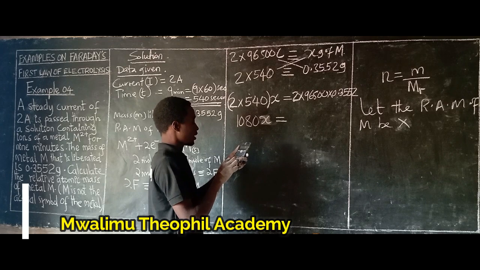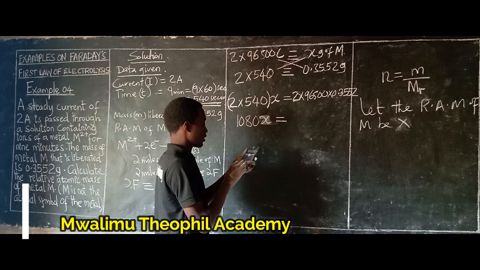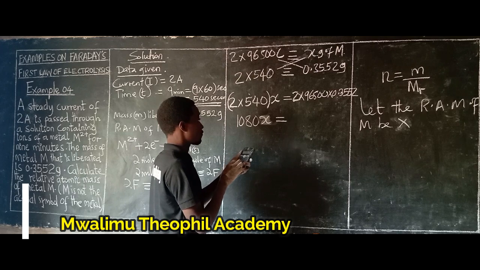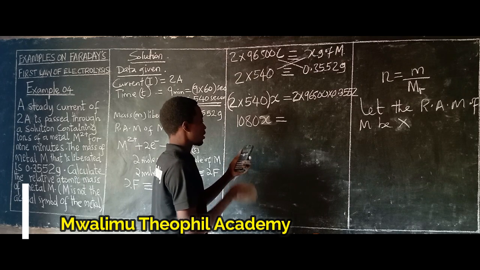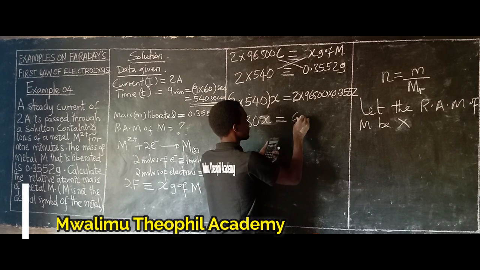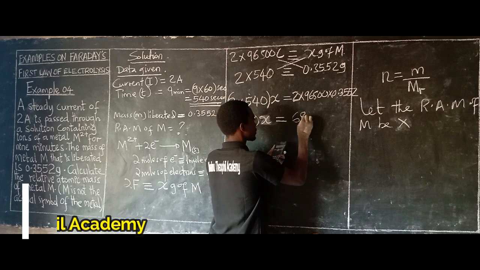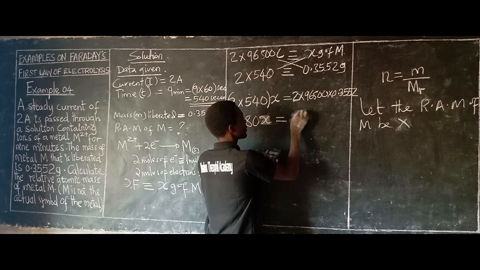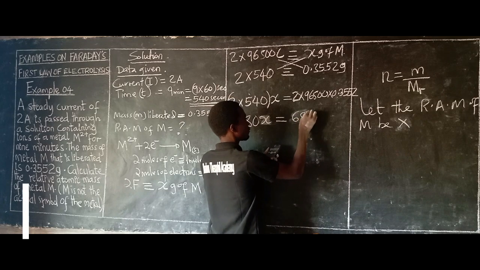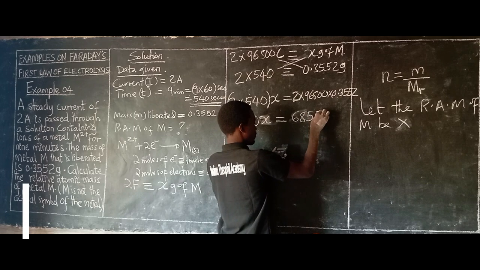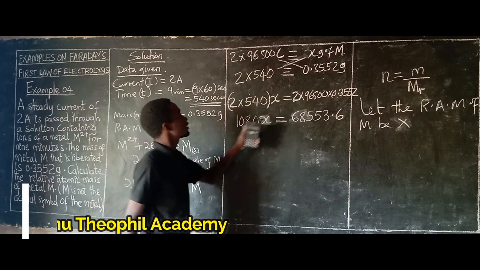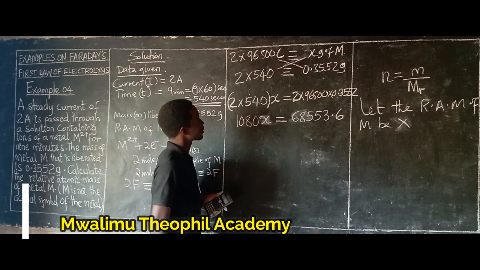We have 2 times 96,500 times 0.3552. Here we get 68,553.6.